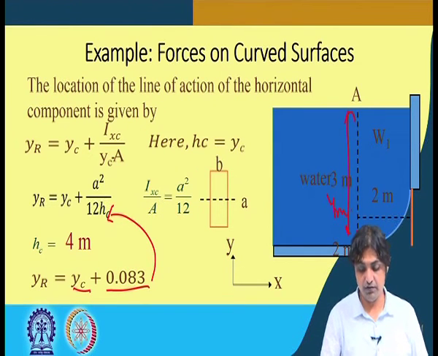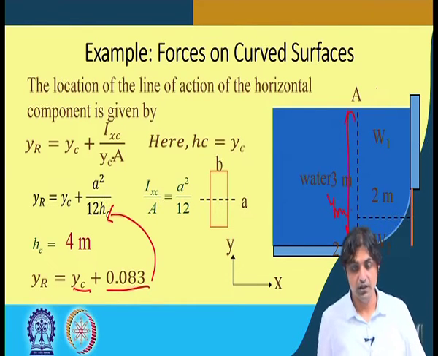As I told, the vertical force is the weight of the liquid above the curved surface until the free surface, where the atmospheric pressure is, and the horizontal force will be the pressure at the centroid into the projected area. Because the surface is 3-dimensional, but in the plane of 2D, the projected area is very simple to do.